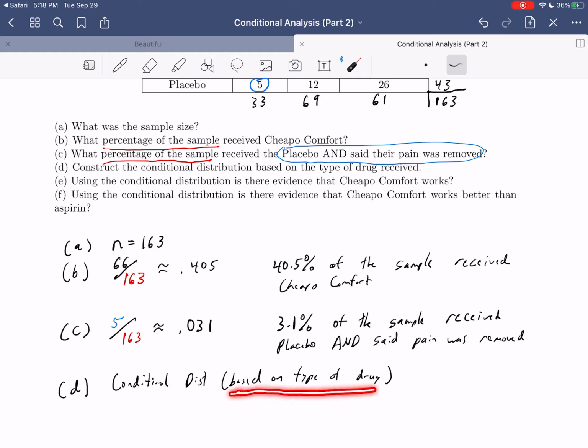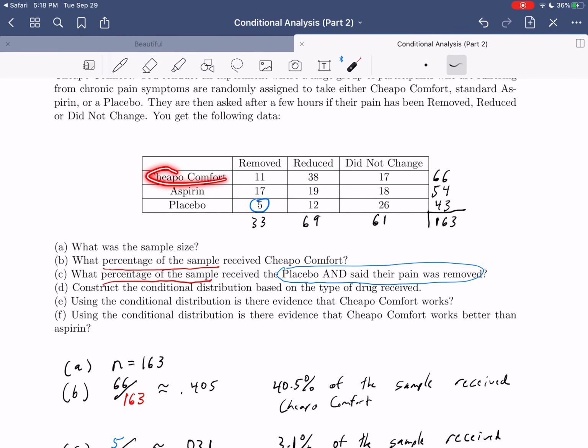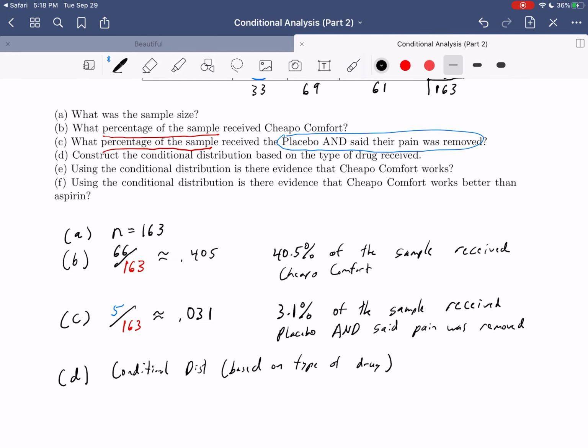Notice that it says based on type of drug. Well, we can see that the treatment types were in the rows, Cheapo Comfort, aspirin, or placebo. So we're going to divide by the row totals. In other words, we're going to do our analysis row by row because each row represents a different treatment. So we're going to divide by row totals.